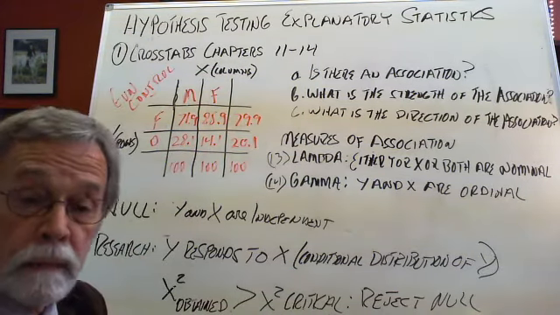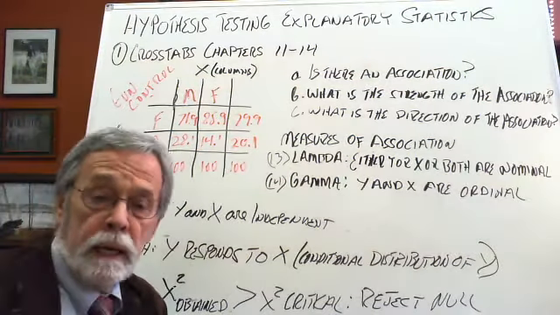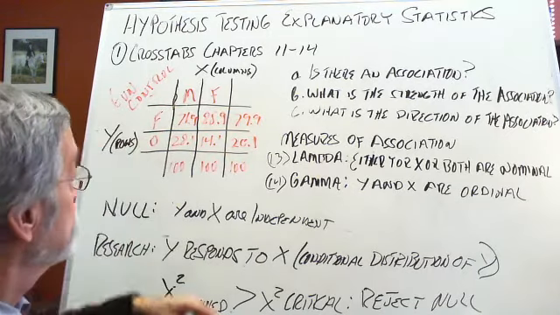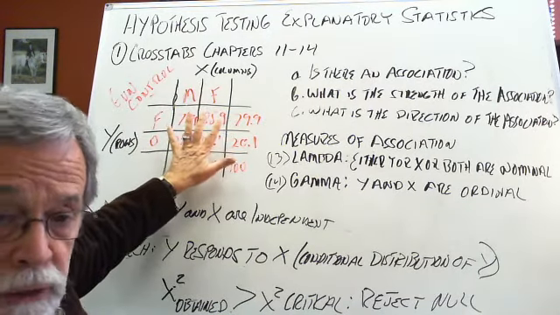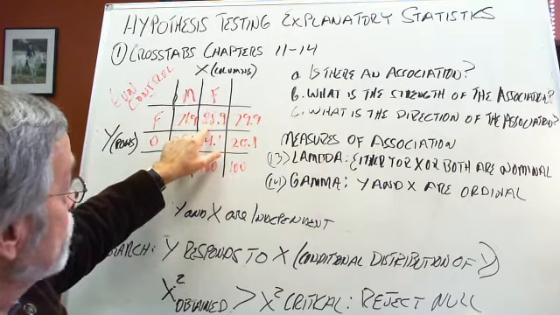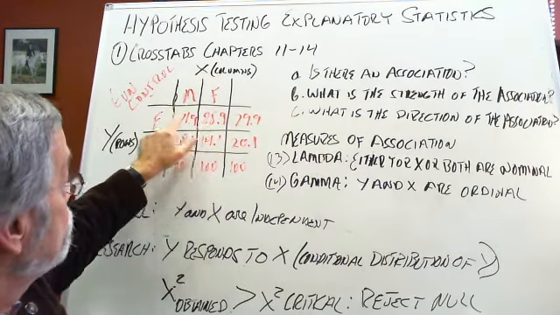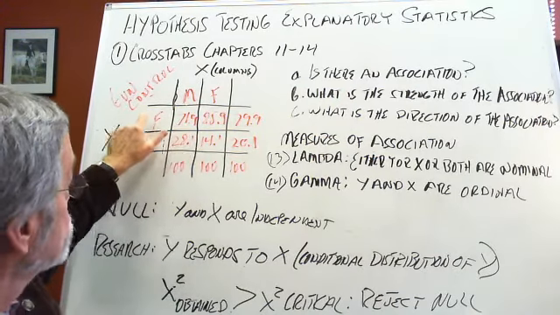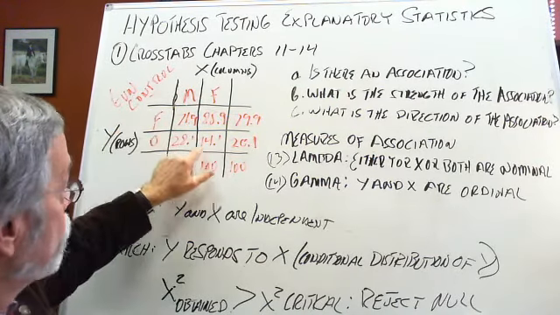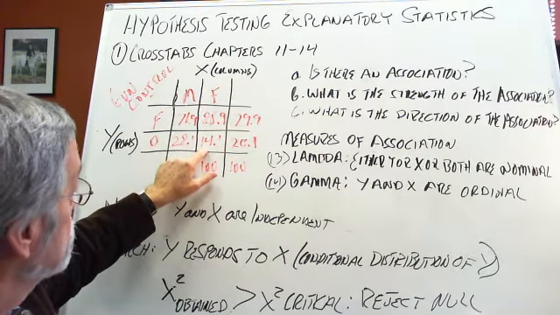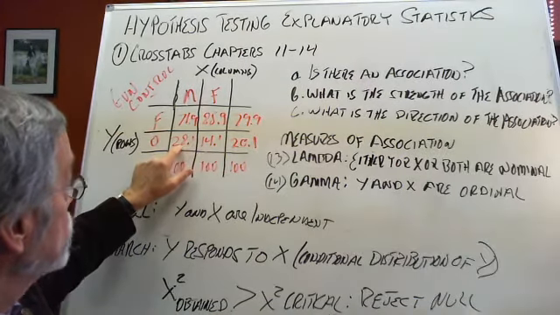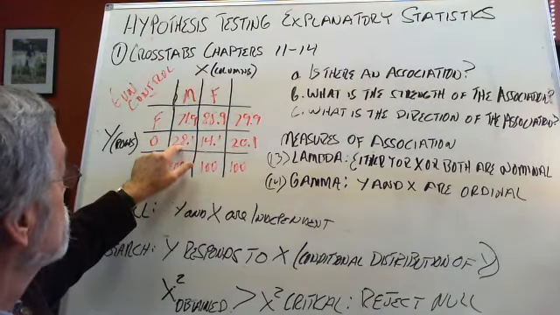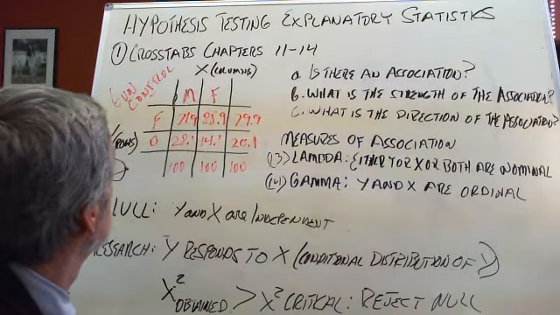But the frequencies are not always easy to the eye to interpret in terms of which way the direction is going. What is the pattern of association here? But when we put it in percentages, we can see it. 85%, almost 86% of the women favor gun control, whereas almost 72% of the males favor gun control. 14% of the women are opposed to gun control, and 28% of the males are opposed.